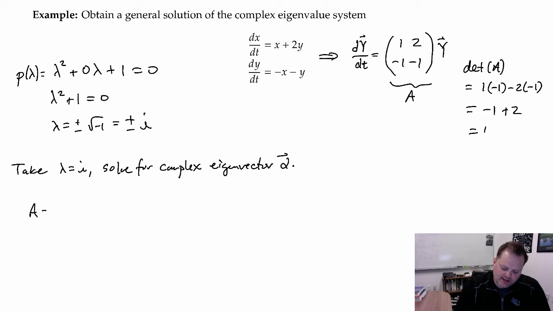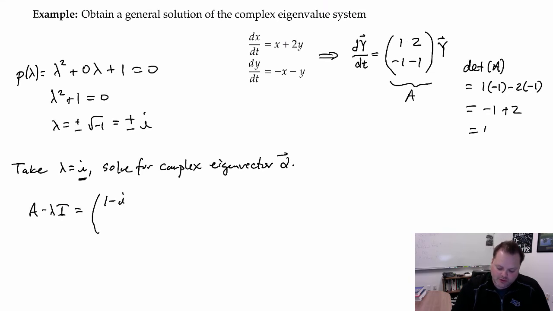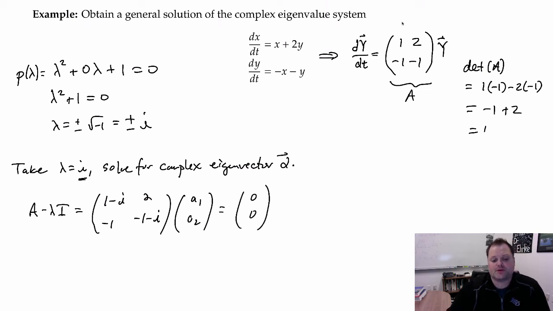You take A minus lambda I, which is subtracting lambda from the two main diagonal terms of the matrix A. Then we multiply this by a vector a1, a2, and set it equal to 0. If you're unsure where this is coming from, please revisit Monday's lecture. It's the same steps we used Monday.